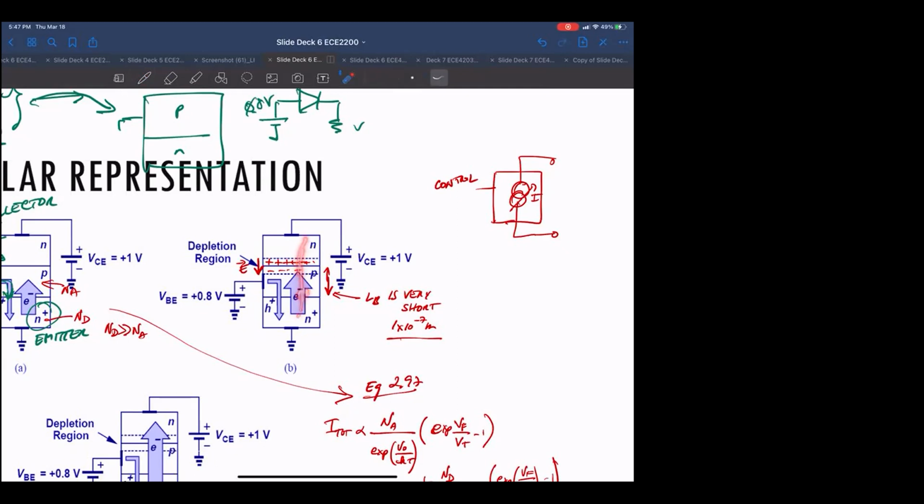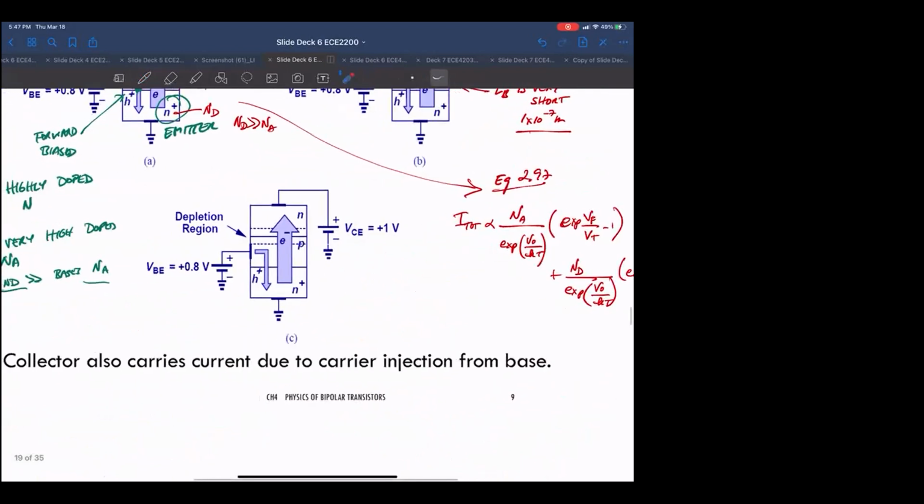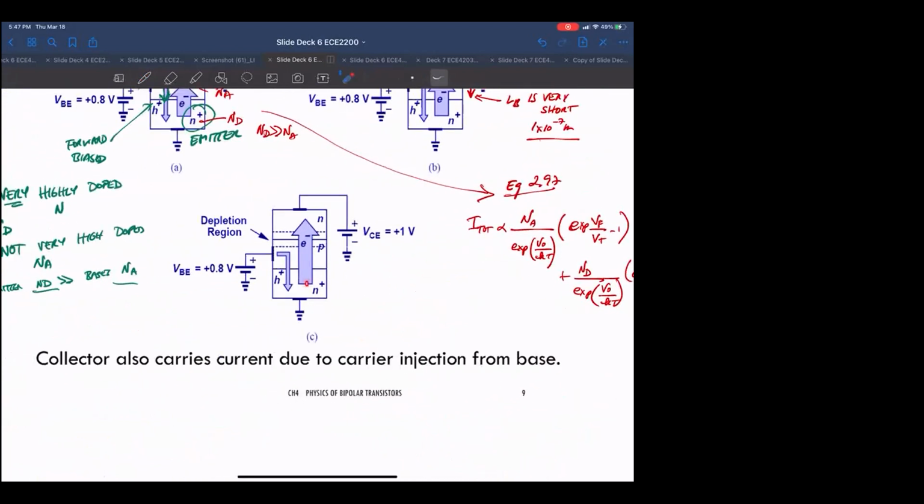So this is kind of what it looks like. The electrons leave the emitter, because this width is very short they get swept in by the collector and go out.